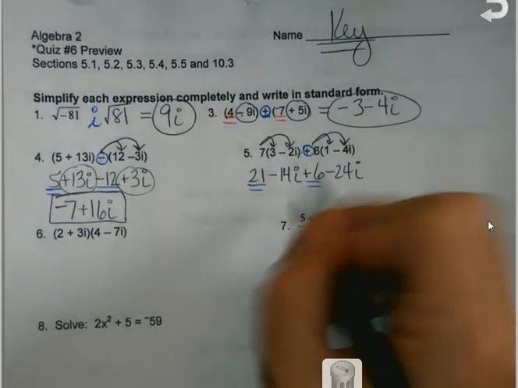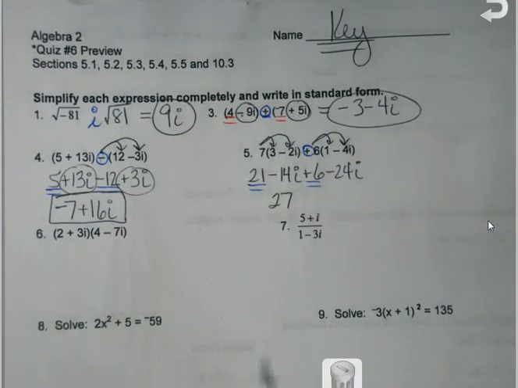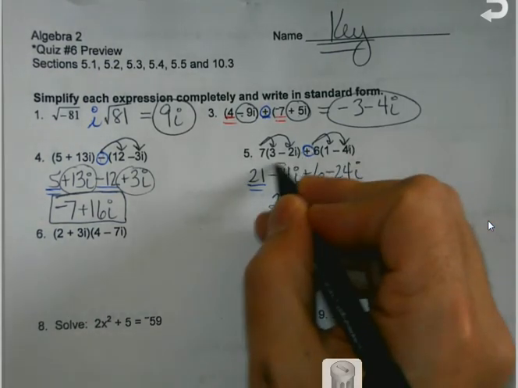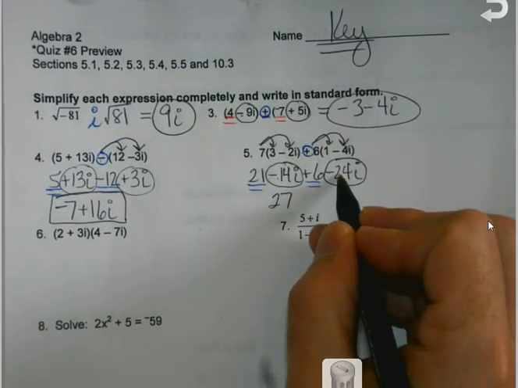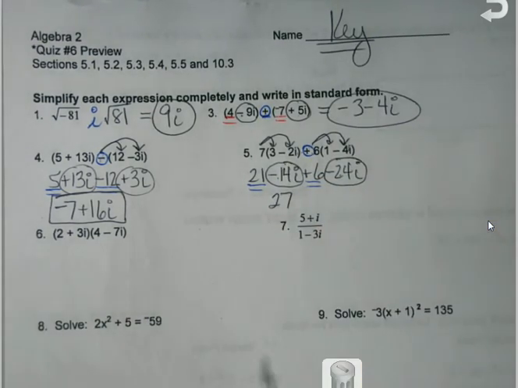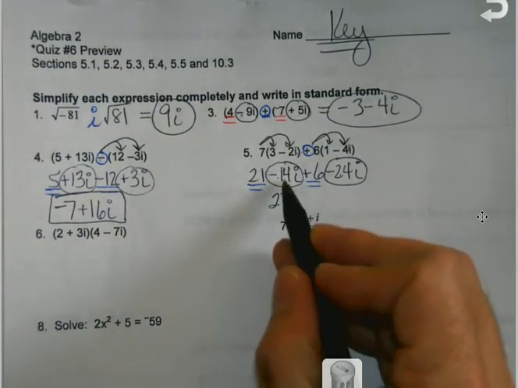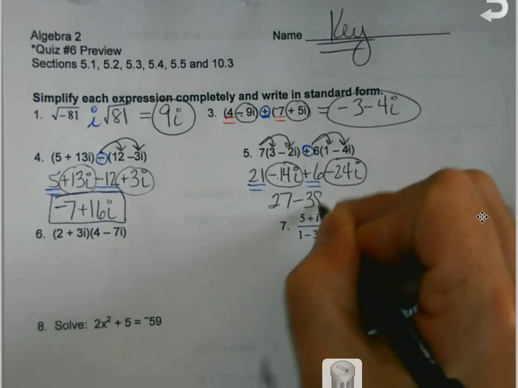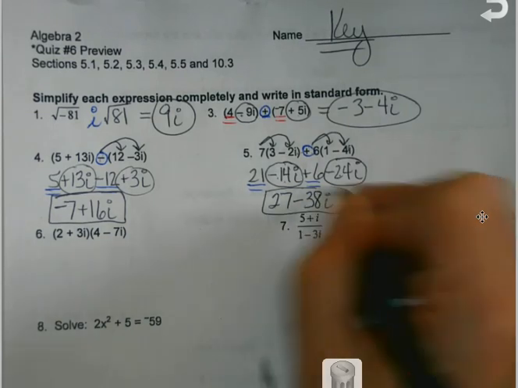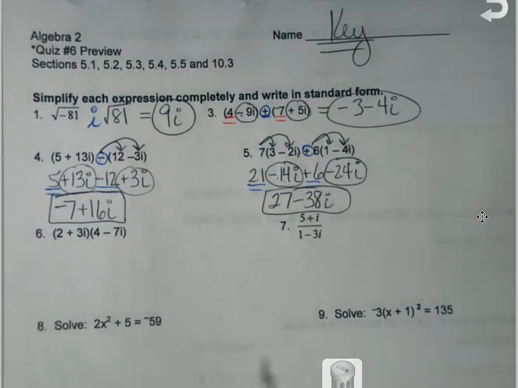So 21 plus 6 is 27. Negative 14 minus 24. Think about money on this. Don't mess this up. It's not two negatives as a positive because we're adding. If I owe somebody 14 bucks and I borrow 24 more, I owe them 38. Okay, again, just combining like terms so far, so not too bad.